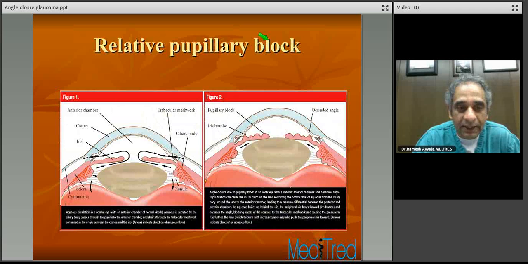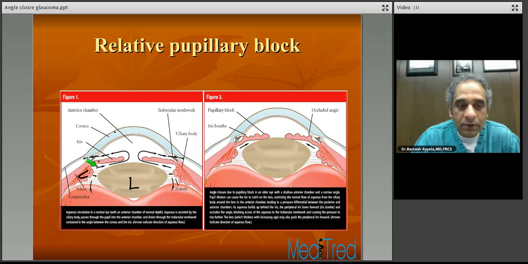Here is the schematic. As you can see in this schematic, this is the cornea, and here is your iris. Here is your natural lens. Here is the ciliary body. So you got aqueous being produced in this area and moving from the posterior chamber into the anterior chamber through this gap between the pupillary margin, i.e. the iris edge, and the underlying anterior capsule of the lens.